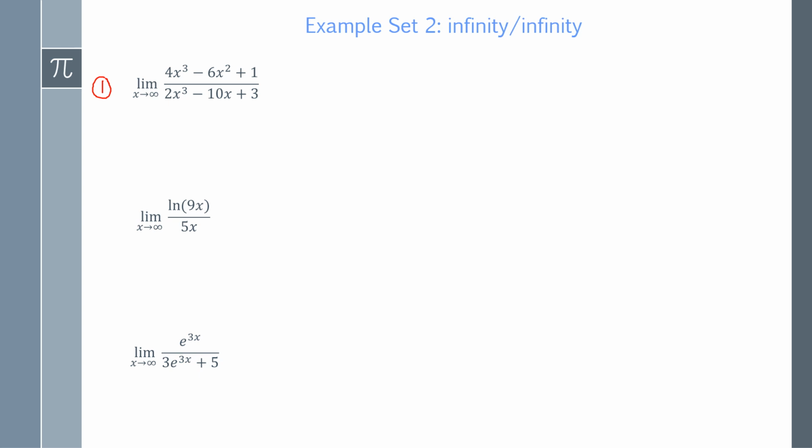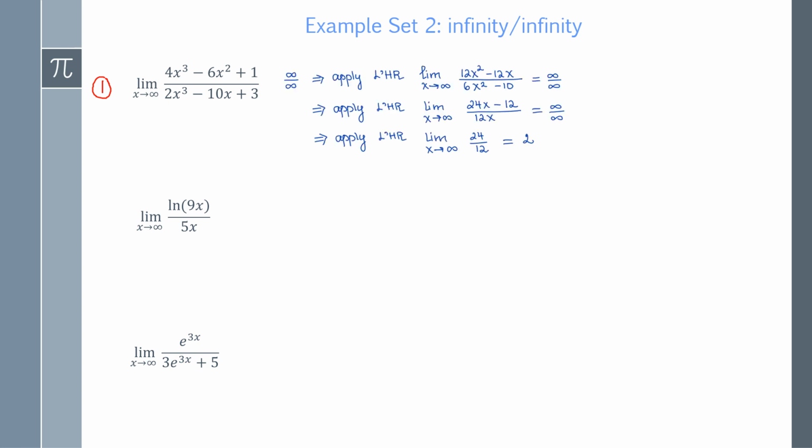Let's take a look at the solution. If I plug in infinity, in quotation marks, that is, a really big number for x in both top and bottom, I get infinity over infinity. That means we are able to apply L'Hopital's rule.